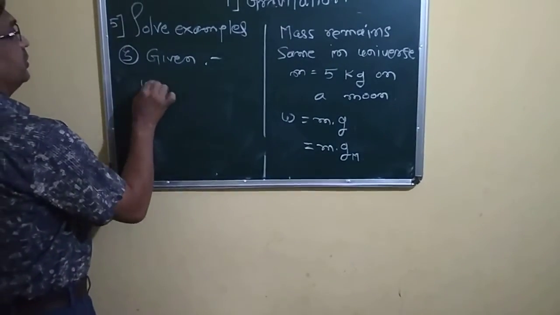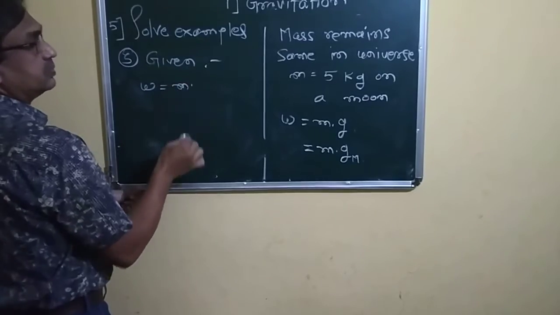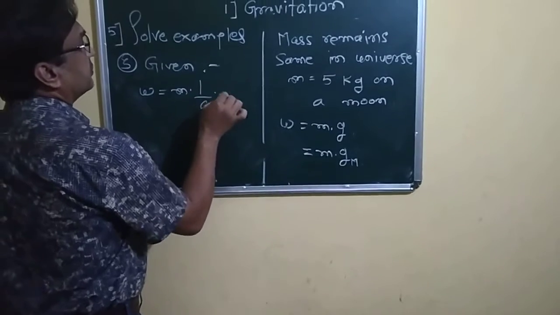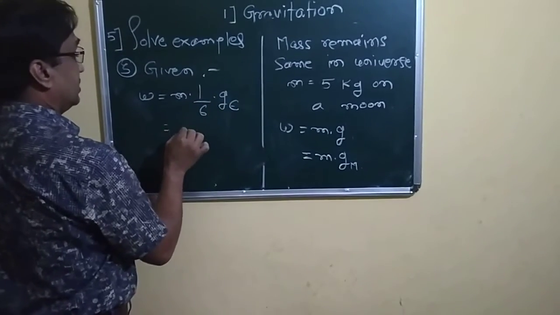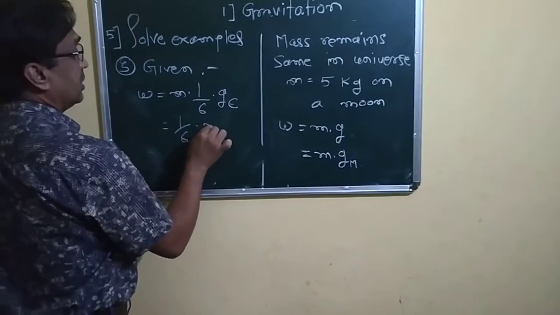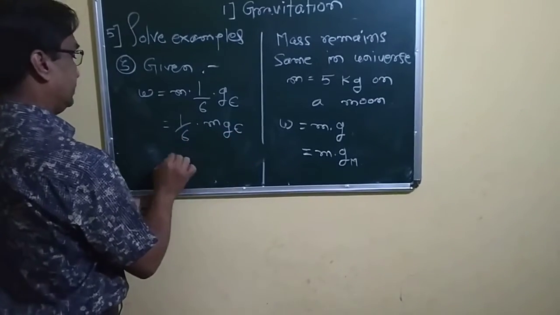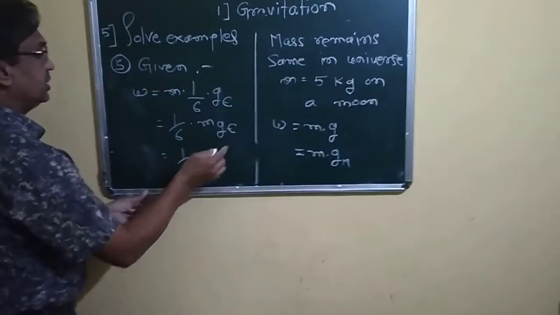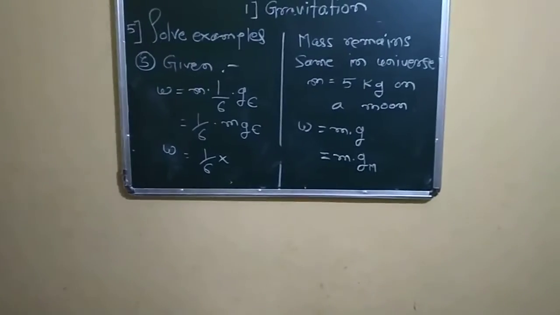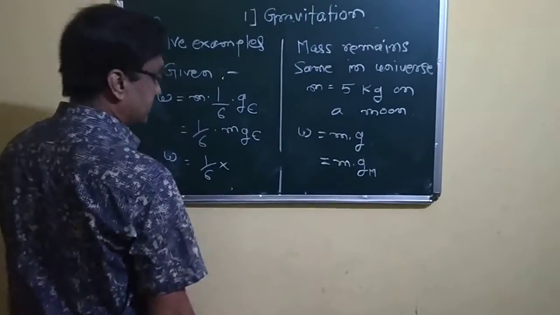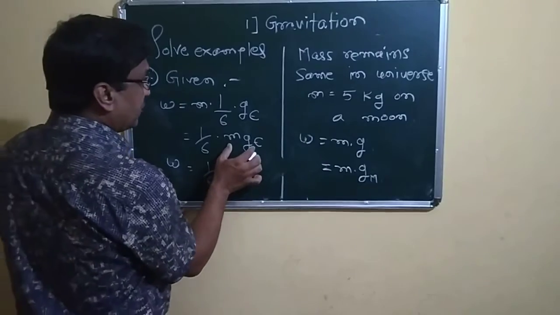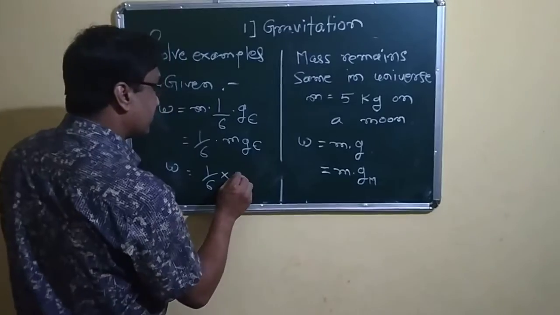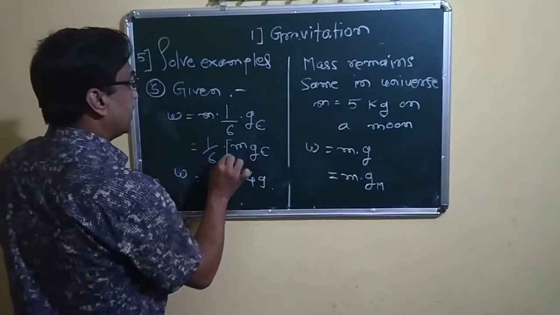So W is equal to m into gm. GM means 1/6 of GE, that is 1/6 into m into GE. We already saw that m into GE, the weight of the object on the Earth, is given as 49.